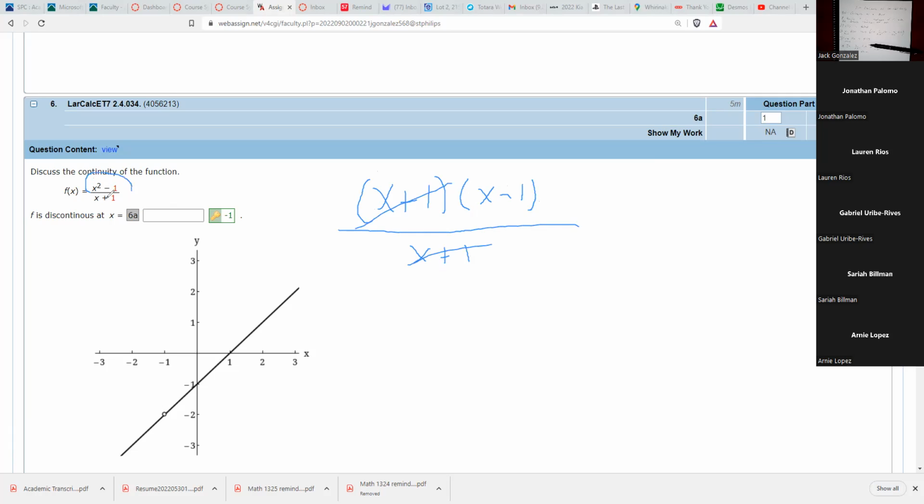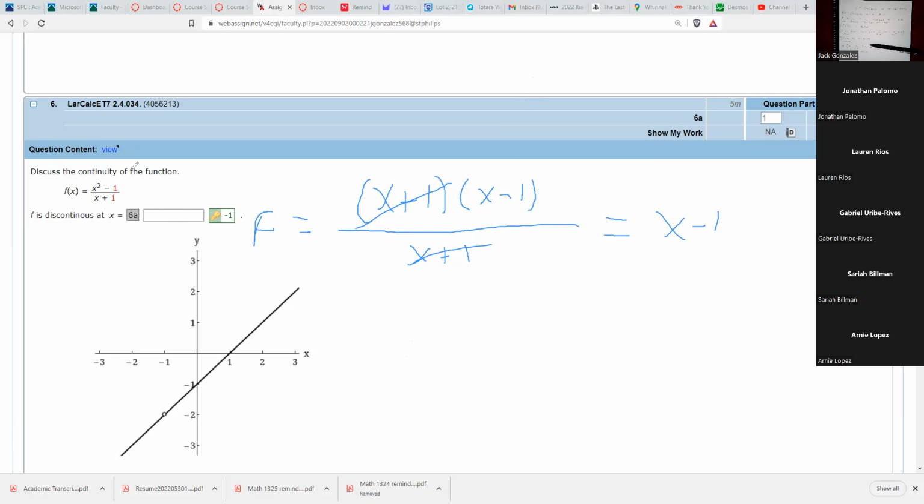This top part factors into this. Once it cancels, your F turns into x minus 1. So to discuss the continuity, if x is continuous at x equals negative 1. Okay then.